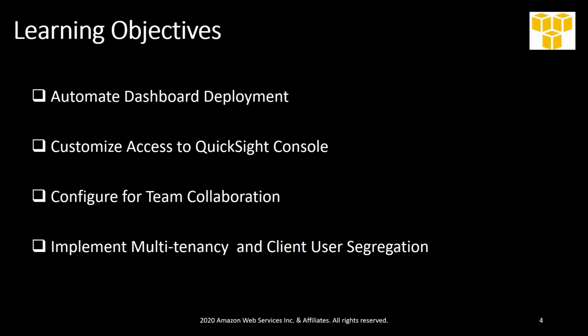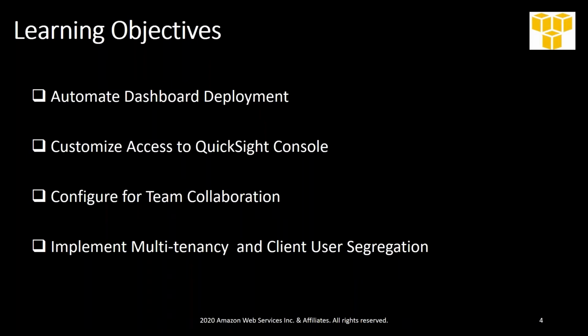The primary learning objectives of this workshop are to learn how to automate dashboard deployment, which is very critical for many of the companies these days that are implementing CI/CD pipelines. We also want to show you how to customize access to the QuickSight console, which is important from the perspective of privacy regulations such as GDPR and CCPA. And how to configure for team collaboration.